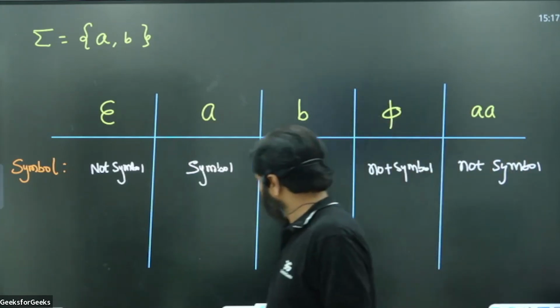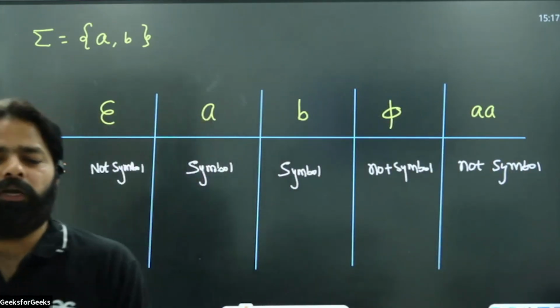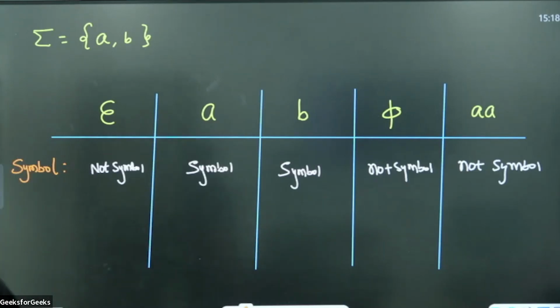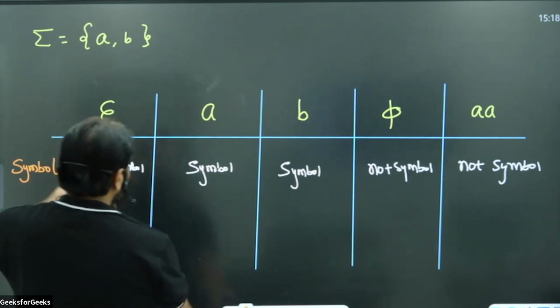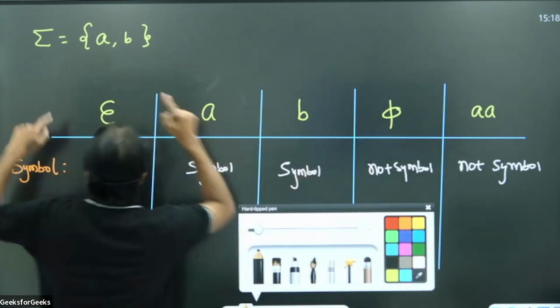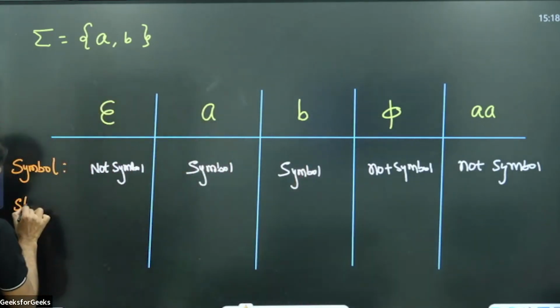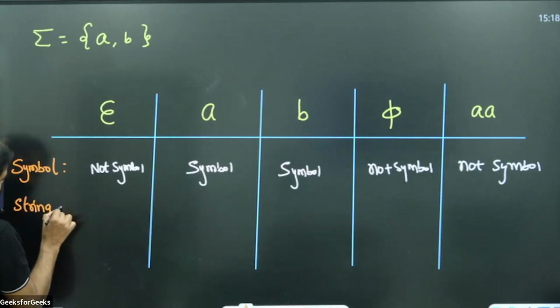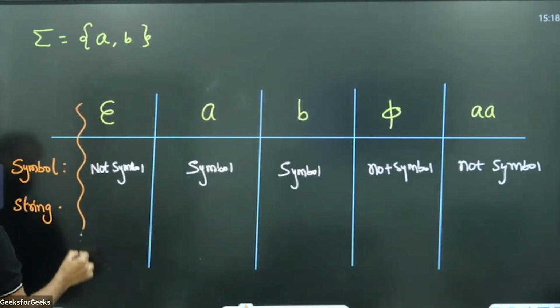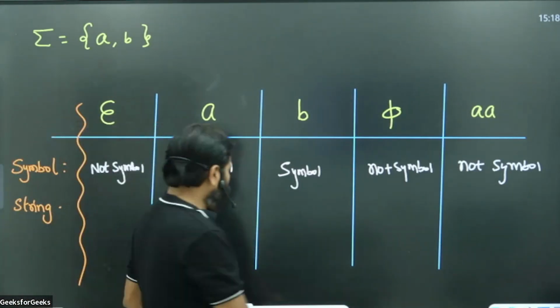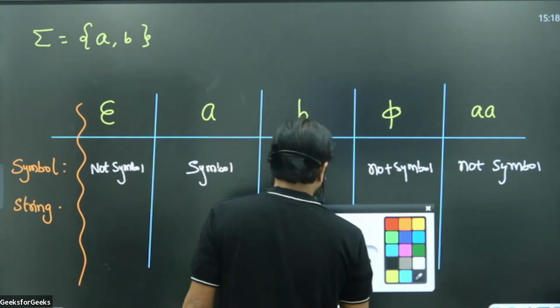Any doubt? The first and most important point: what is a symbol? Okay, now who is a string here? For this sigma, who is a string? Please answer.